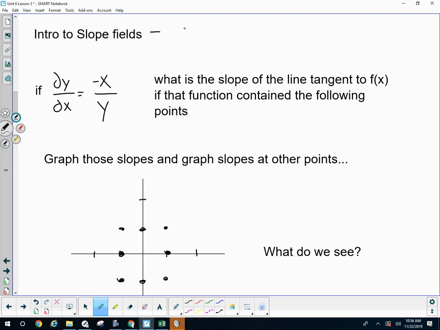A slope field is a visual representation of your tangent slopes using dy dx. By looking at your tangent slopes, you should be able to see what y equals should look like.